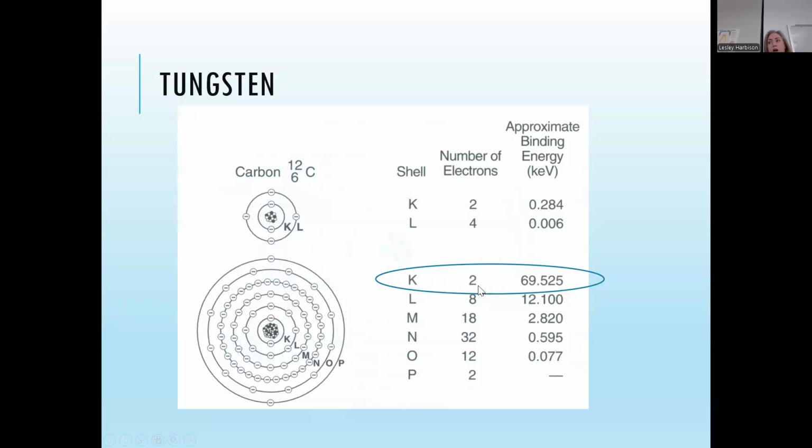There's only 2 electrons, and the approximate binding energy is in keV. And so that's where the kVp, the kilovolt power, relates to the binding energy. So that's why, when it knocks an electron out of the K shell, it creates this high-energy photon.